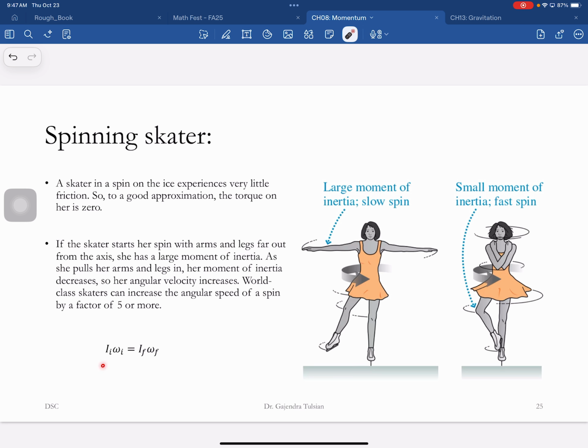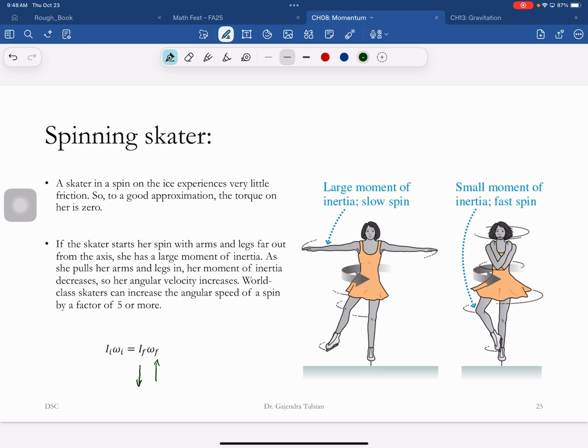Angular momentum is moment of inertia times angular velocity. This is her angular momentum before, in the initial state, and this is her angular momentum in the final state. She's spinning faster, so the angular velocity has increased. So the moment of inertia must have decreased.